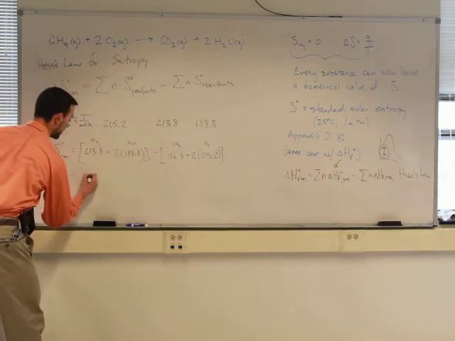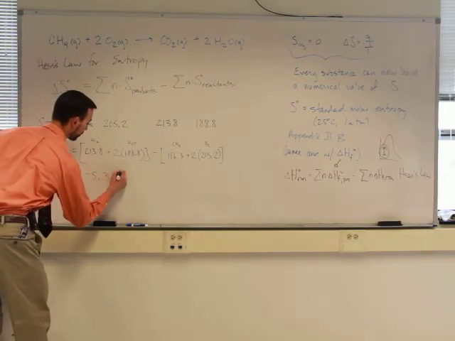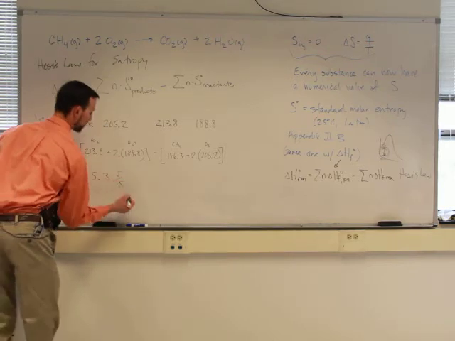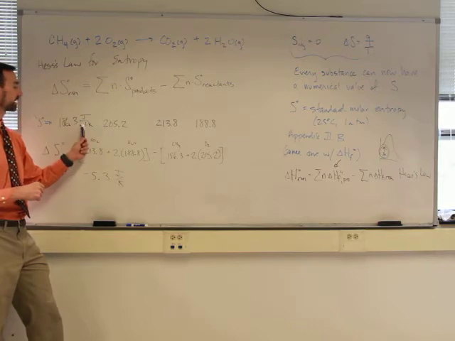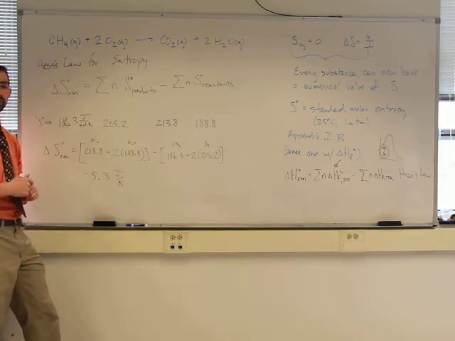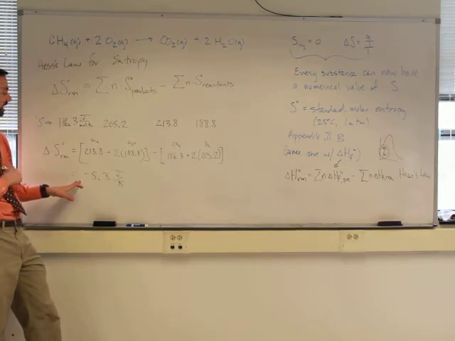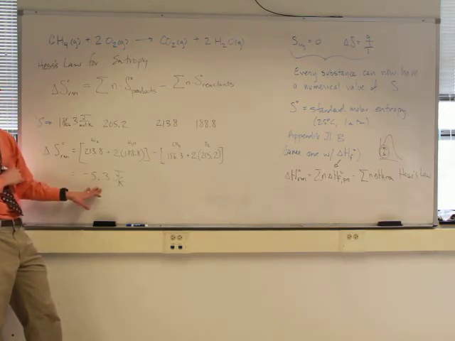This equals negative 5.3 joules per Kelvin, because remember the coefficients are moles. That's where technically the moles cancel out, so we're left with joules per Kelvin. So we see just ever so slightly a negative entropy change in this reaction right here.